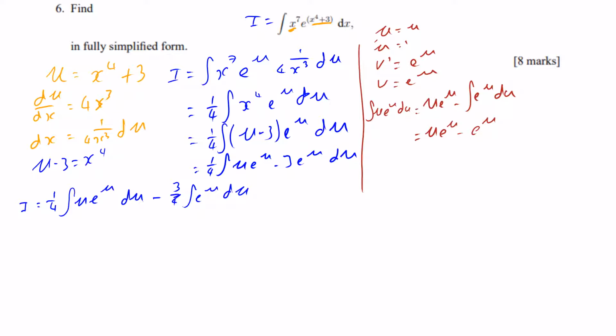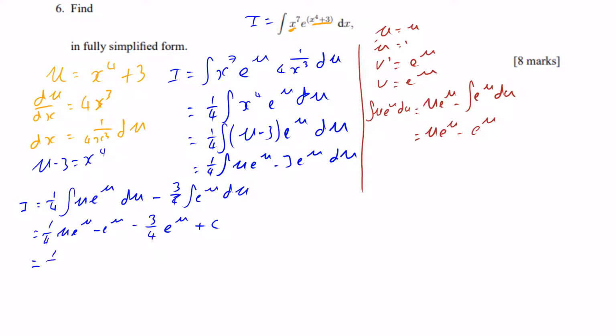So going back over onto the left hand side here, we've got a quarter of u e to the u minus e to the u, take away 3/4 of e to the u, and here we're going to add our constant. So we can tidy this up a bit.